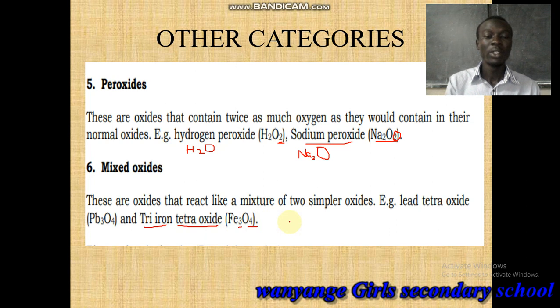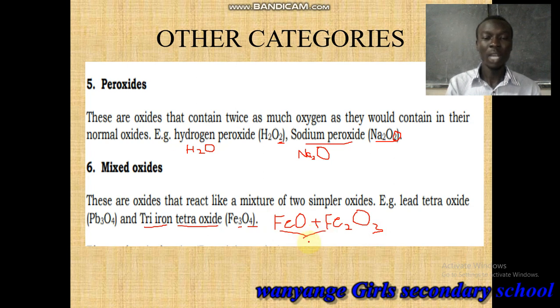Okay? So if you look at this, it is a combination of two normal oxides, which are iron(II) oxide, which has this formula, FeO, plus iron(III) oxide, which has this formula, Fe2O3. When you combine these two, you realize that iron becomes how many?